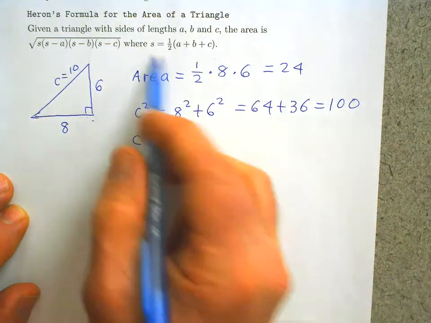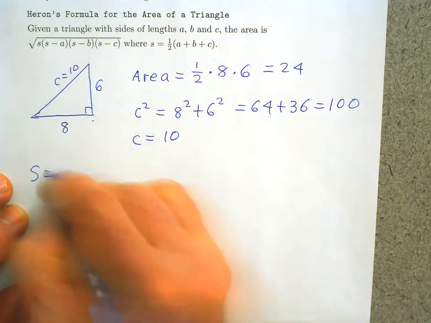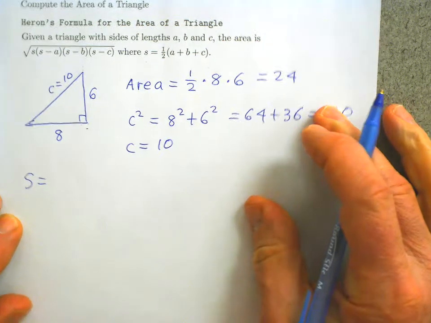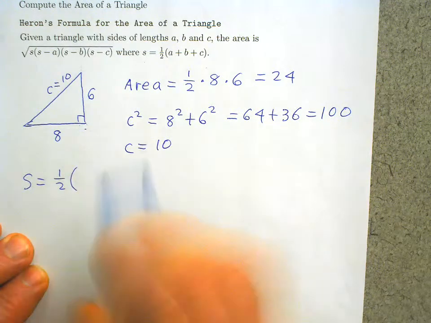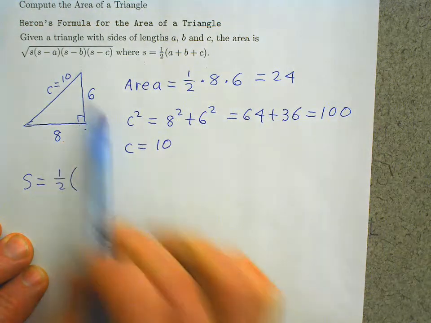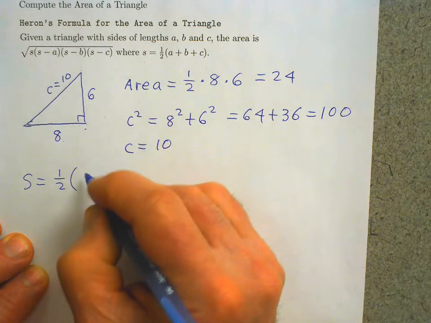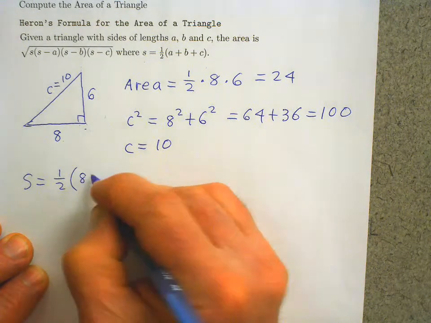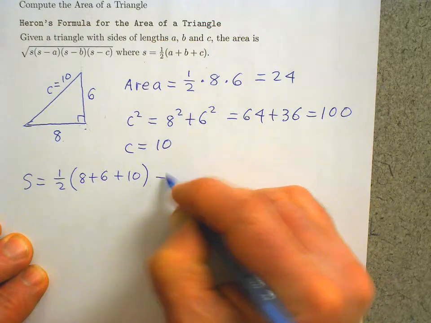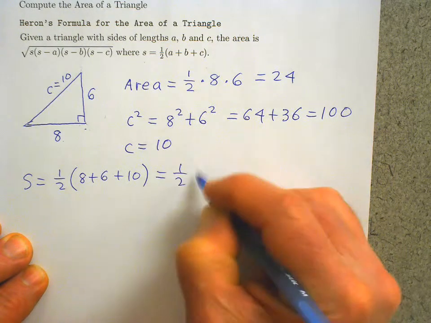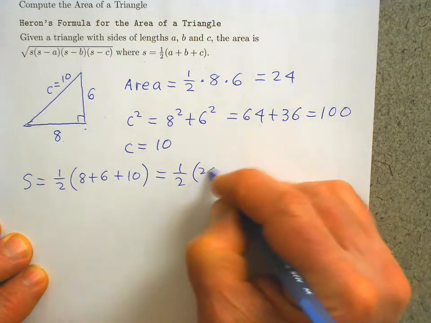Okay, so the value of S then, according to the formula, is 1/2 times the sum of the three sides. So 1/2 times 8 plus 6 plus 10, or 1/2 times 24, which is 12.